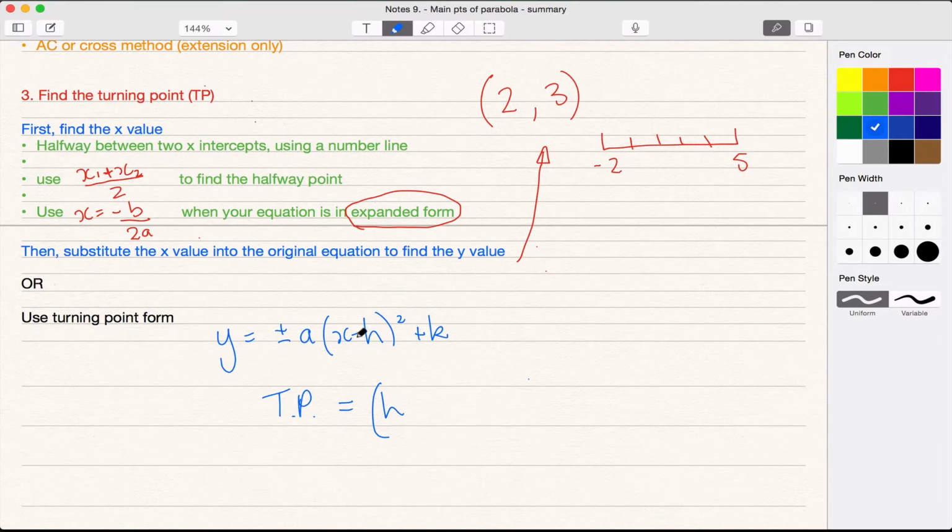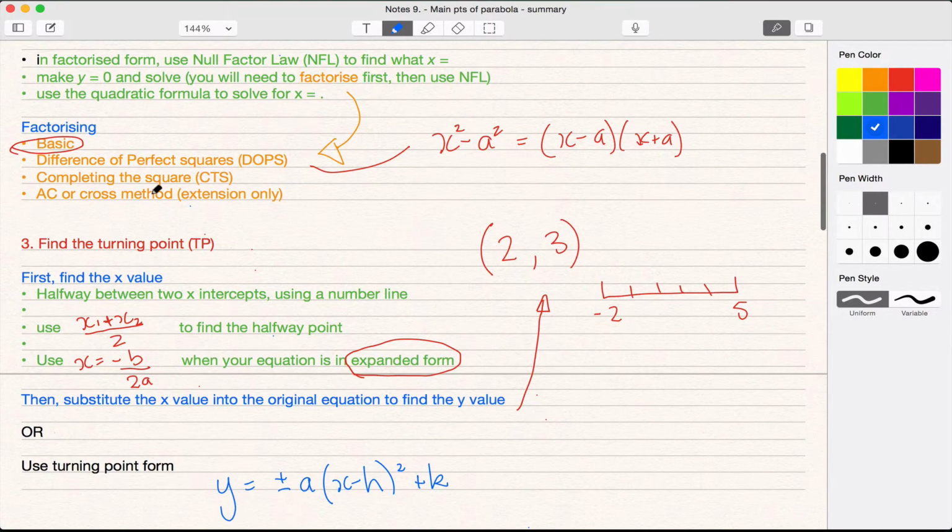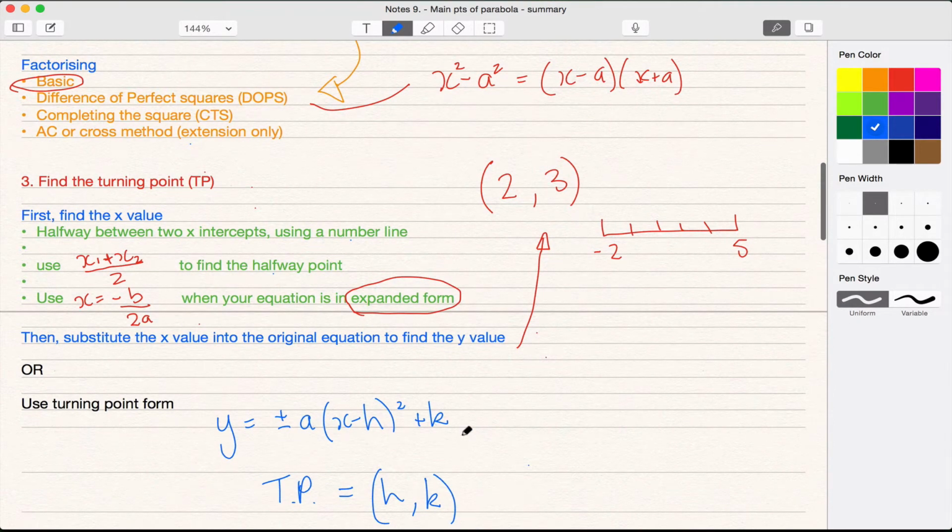We change the sign, so instead of minus h we make it h, comma, k. So you just read these two numbers straight off and you've got your turning point. You don't have to do all this halfway stuff, just use your turning point form. And if back here in step 2 you're using completing the square, turning point form would come out about line 3 of your working out, so you can just read it straight off there. So it's kind of a 2-in-1 situation.